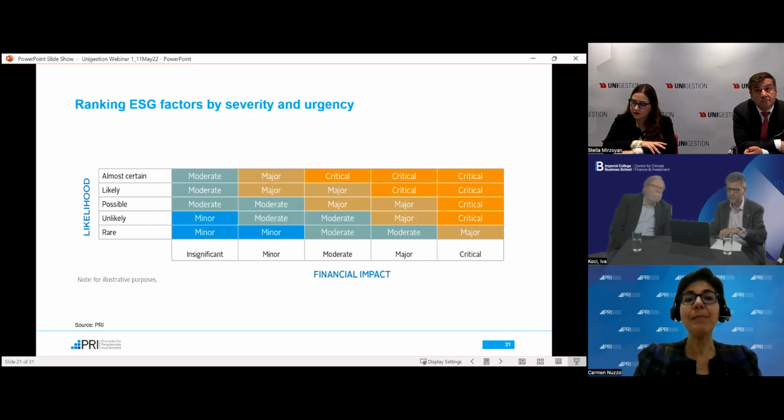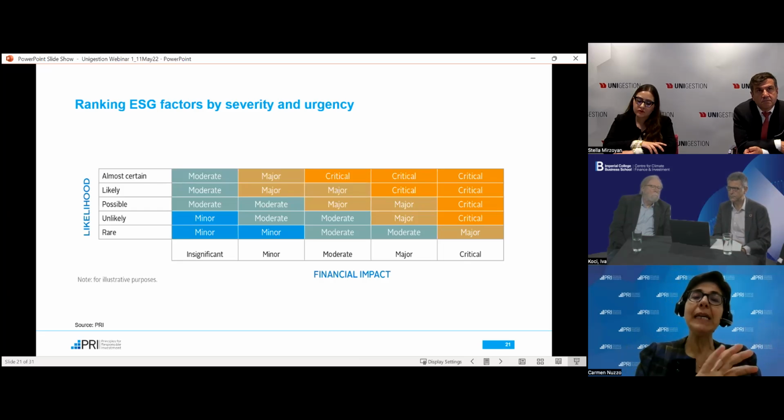I think it is important to rank factors not just by urgency, but also severity. And I'm quite fond of heat maps because they help with that by dual dimension in the assessment of risk, but also heat maps, I found them very useful to track factors over time.